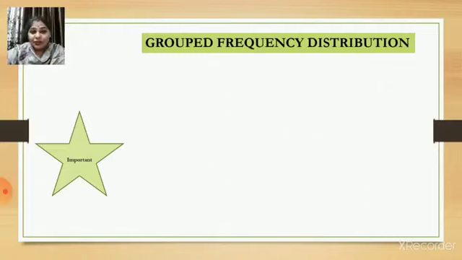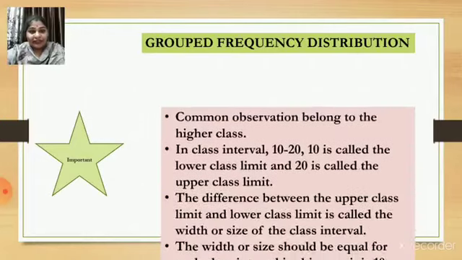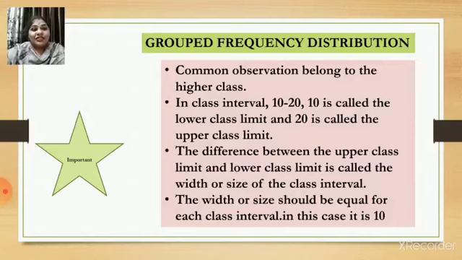How to arrange the data in the frequency distribution we have seen. The common observations belong to the higher class. What do you mean by this, children?